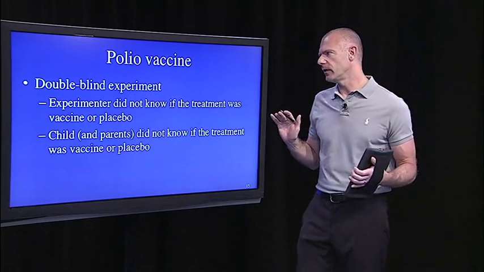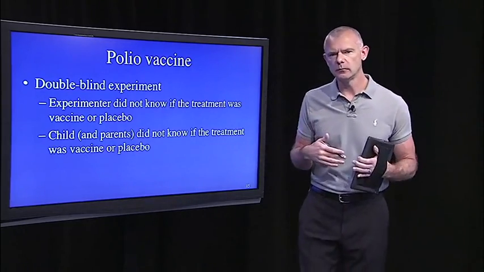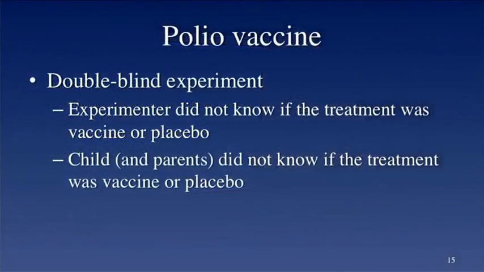The other nice thing about this as an example to start with is this is what's called a double-blind experiment. So the experimenter, or the person who's actually administering the vaccine, didn't know if they were giving the live vaccine or if they were giving the placebo.